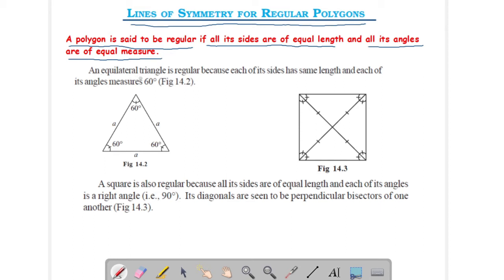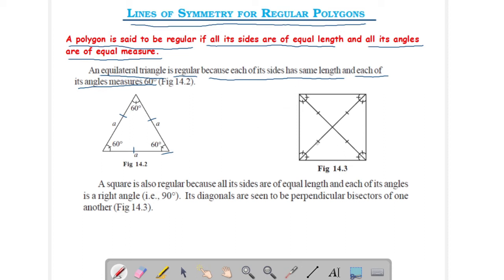An equilateral triangle is regular because each of its sides has the same length and each of its angles measures 60 degrees. See, this is an equilateral triangle. Why is it a regular polygon? Because all its sides, that is this side and this side, all the sides are equal, that is of length a, and all the angles are equal, that is of 60 degrees.